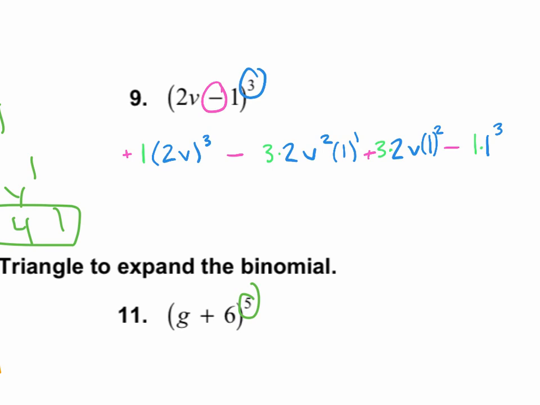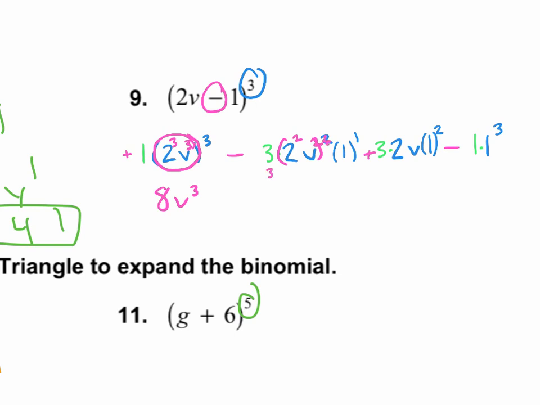So 2 cubed is what? 8v cubed. So remember, this whole thing is cubed, so you have to cube the 2 and you have to cube the v. For this one, this whole thing is squared, so we have to square the 2 and we have to square the v.